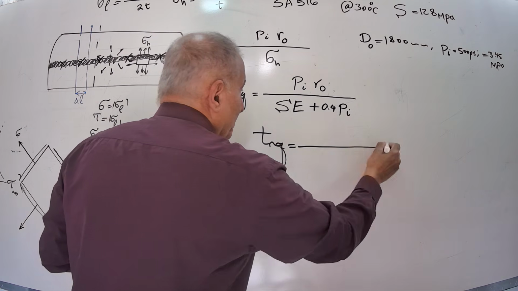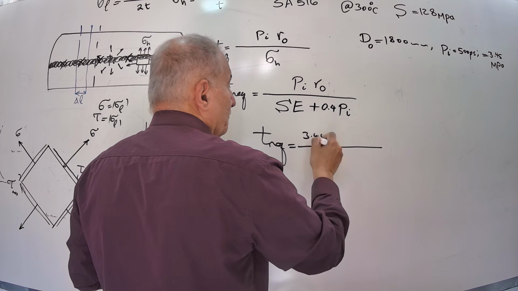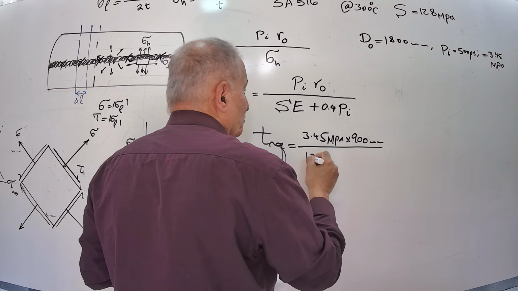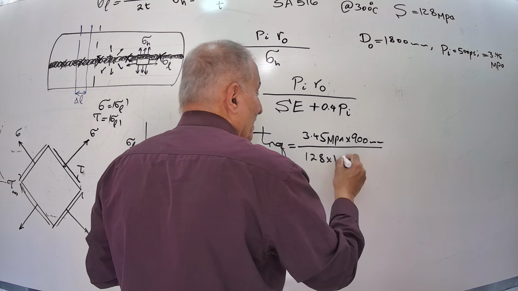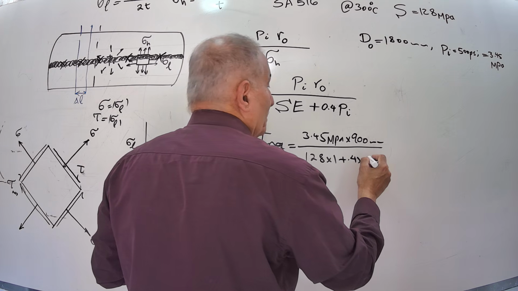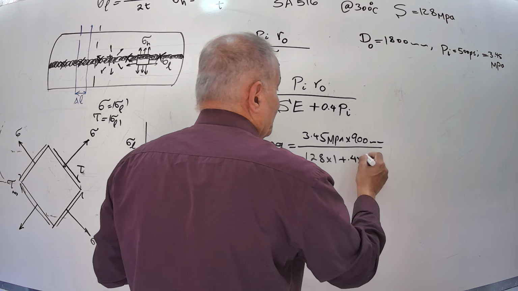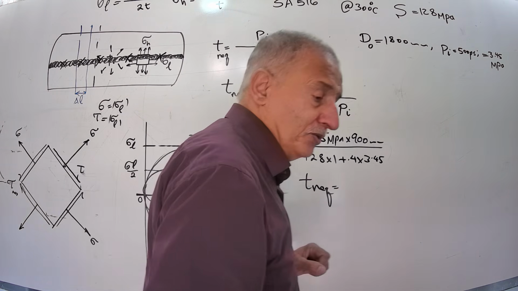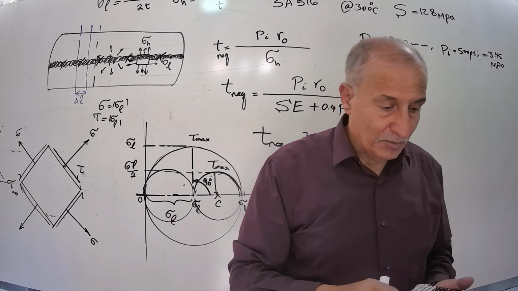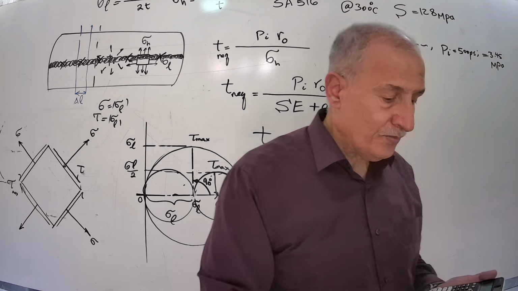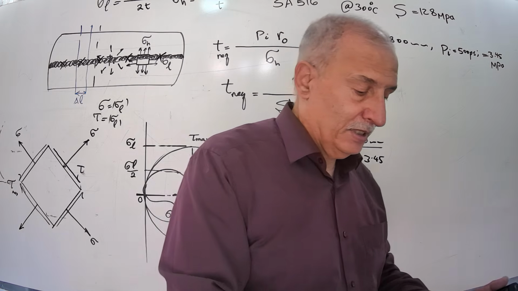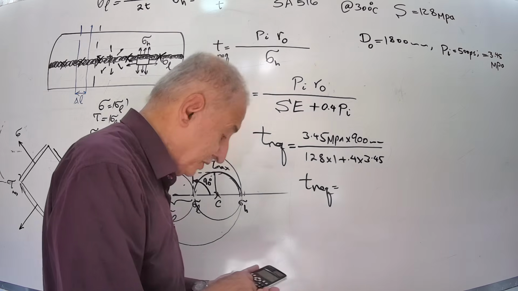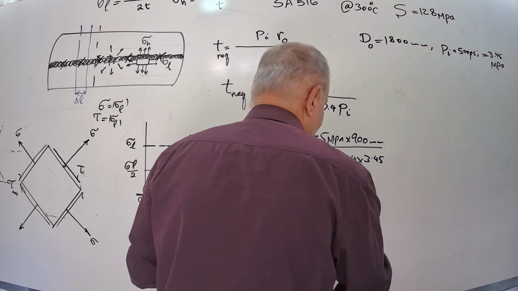Required T should be 3.45 megapascal times 900 mm, radius outside, over 128 times 1, efficiency of the weld, plus 0.4 times 3.45. And T required here, if you calculate that, it should be about 24 mm.